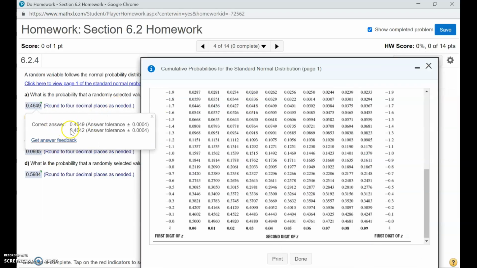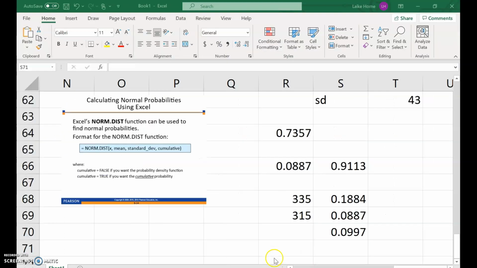And the answer tolerance here is either of those, so they may allow you to actually use technology and it be right. We can look real quick and see.